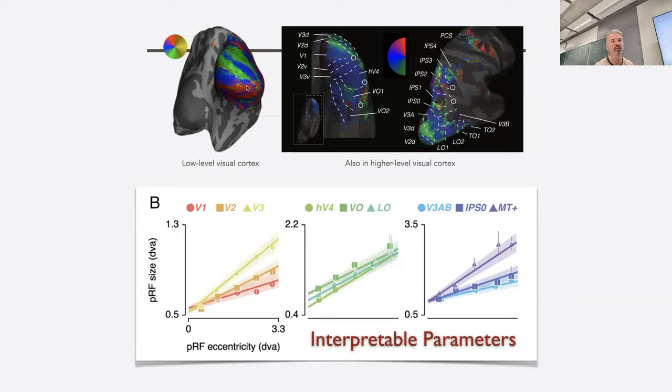It's me, so there you have it. In V1, in this first region, if you zoom in further at the millimeter scale, you actually have patches: left eye preferring, right eye preferring, left eye preferring, right eye preferring. We call these ocular dominance columns, and we can use fMRI to actually map them in single individuals.